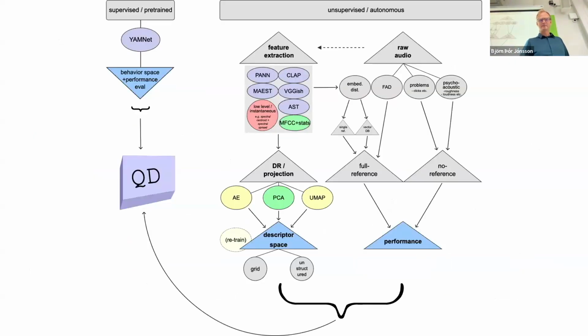But I also tried methods for autonomously defining the search space with unsupervised models. But there I faced more choices. So here on the left, there's a supervised model, quite simple and everything neatly packaged in a single classifier.